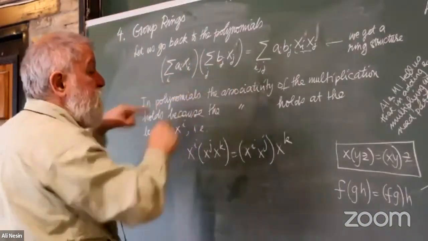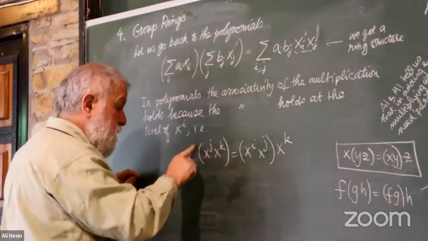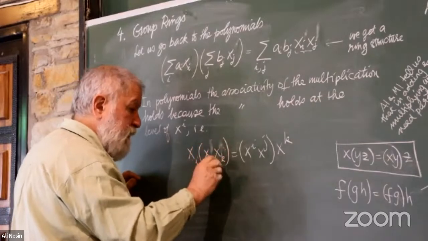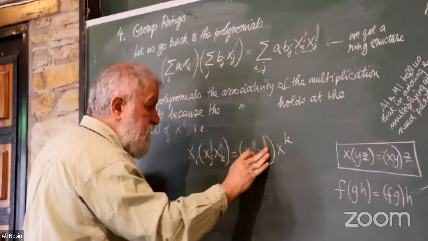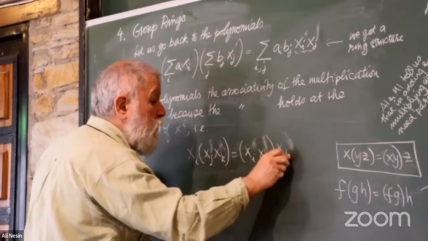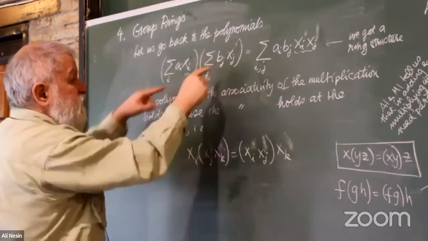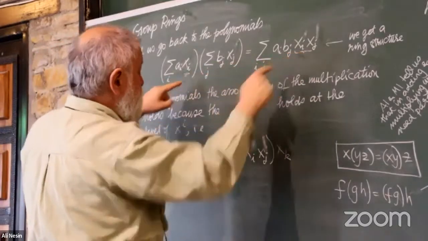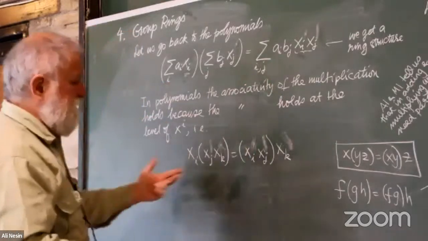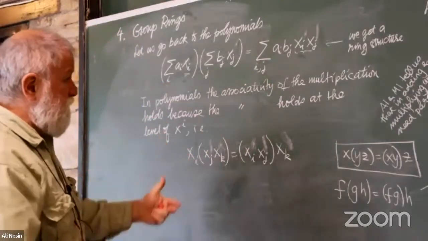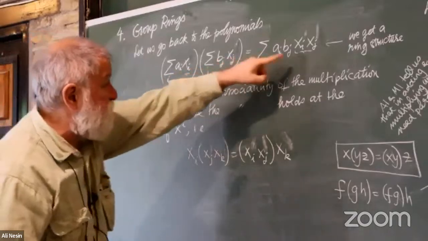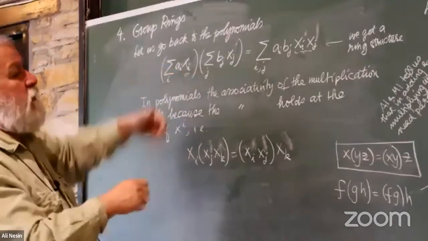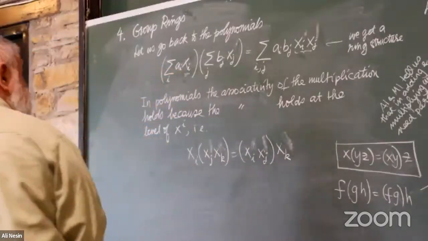This will be associative only if the associativity holds at the level of these generators. I may call them generators, these things. This is very simple to check. If you have the associativity at the level of generators, then you have the total associativity. So forget about these x sub i's. Forget about that the i's are integers.